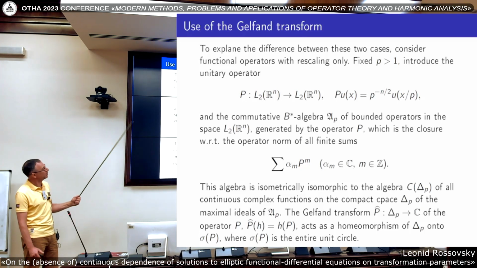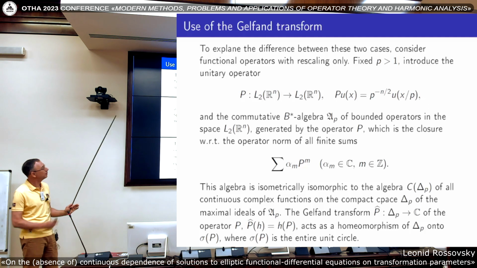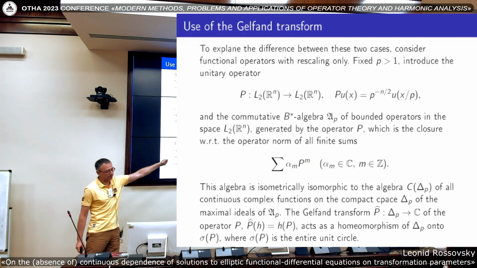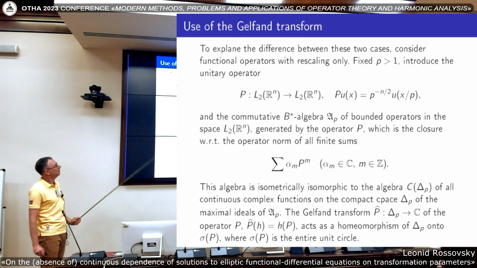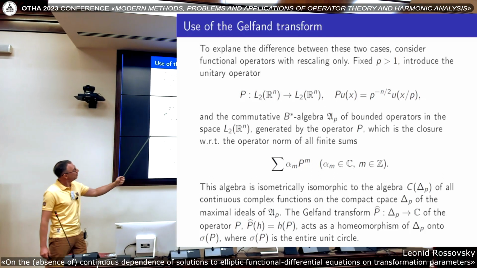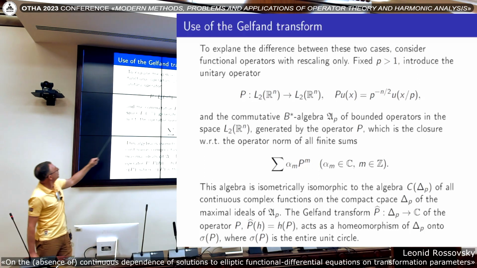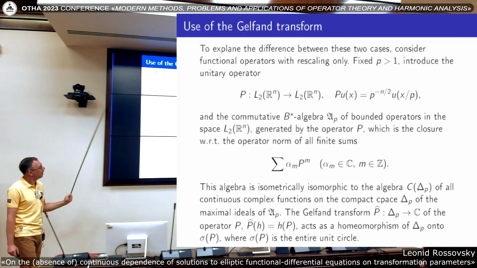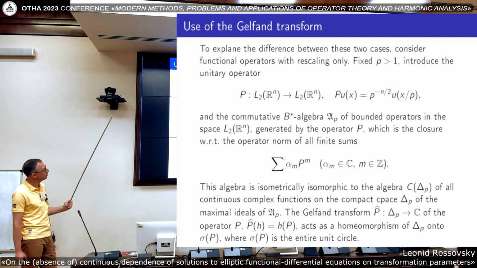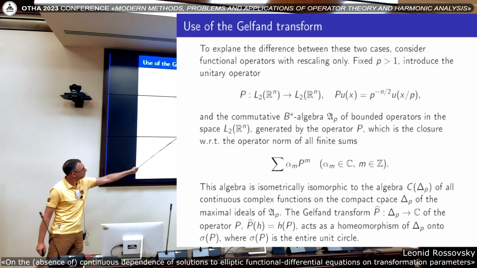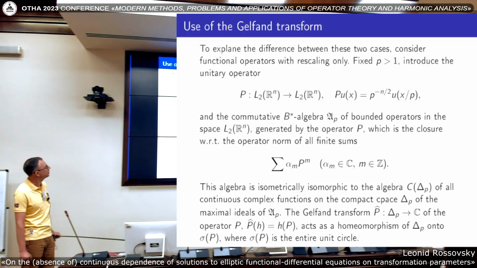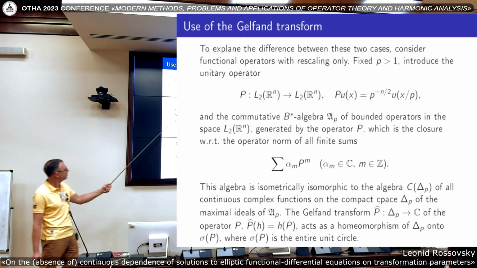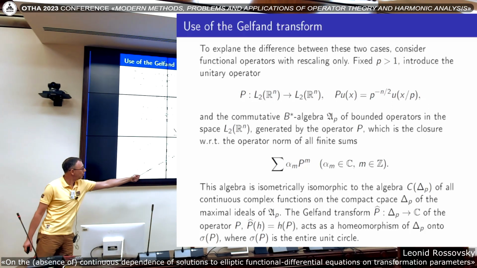And to explain the difference between these two cases, let us consider only functional operators with rescaling for simplicity. For P greater than 1, introduce the unitary operator P. And the commutative B star algebra, A_P, of bounded operators in the space L2, generated by the operator P, which is the closure with respect to the operator norm of all these finite sums.